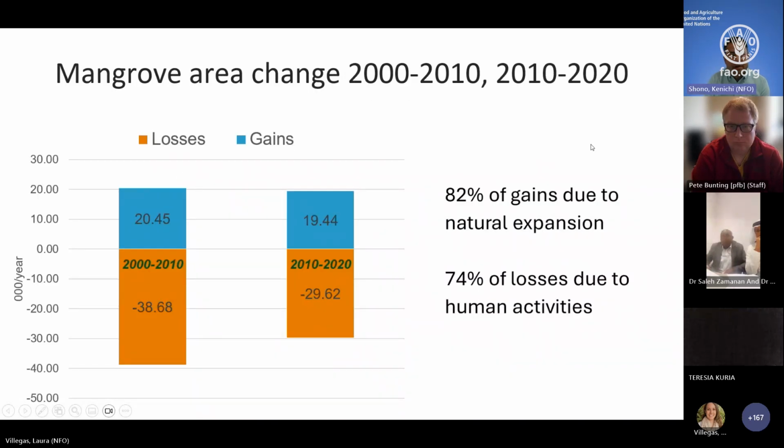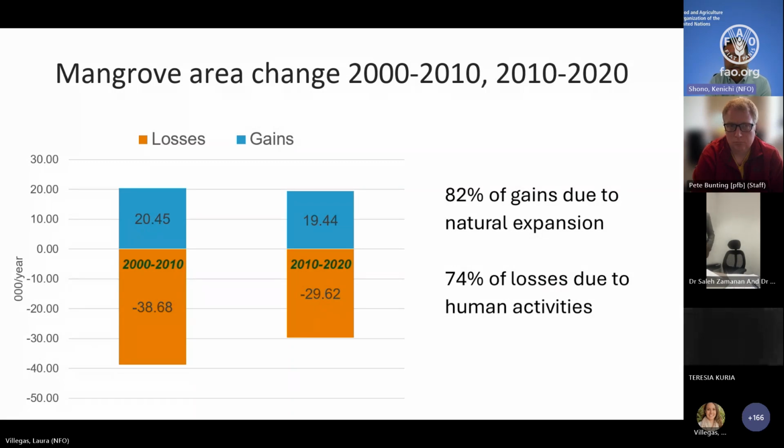And this is the mangrove area change between the 2 decades that the study covered, from 2000 to 2010 and 2010 to 2020. And what you notice is that while mangrove loss still continues, the rate of loss is slowing down. And another important thing to notice is that there's significant gains in mangroves as well. So in fact, more than half of the losses were made up or offset by gains.